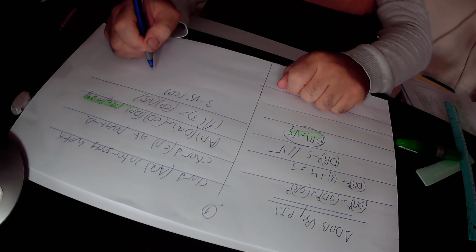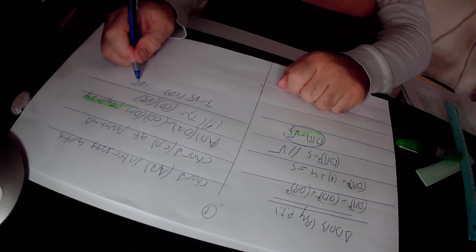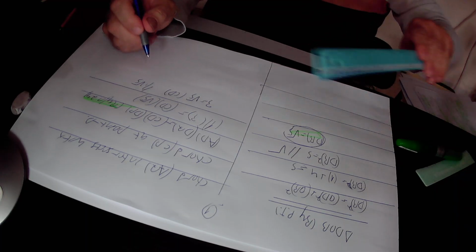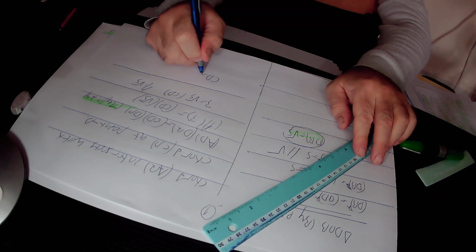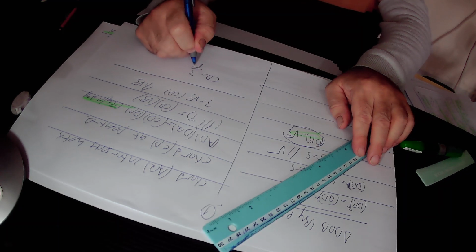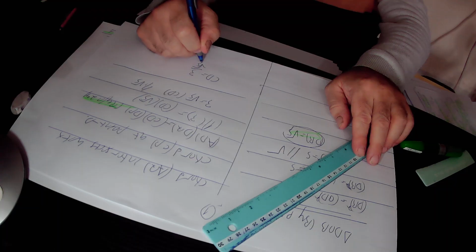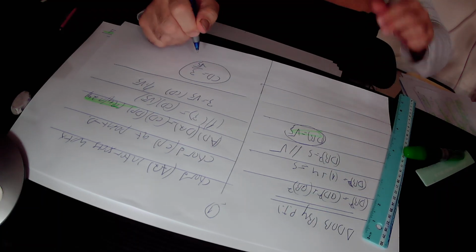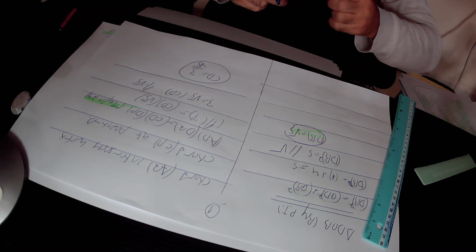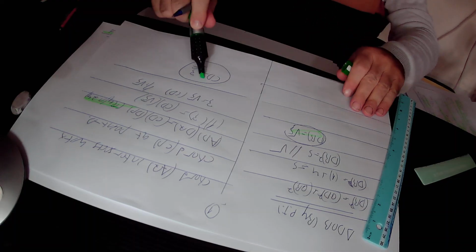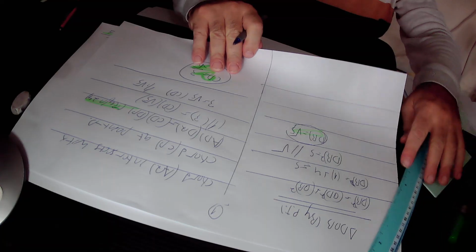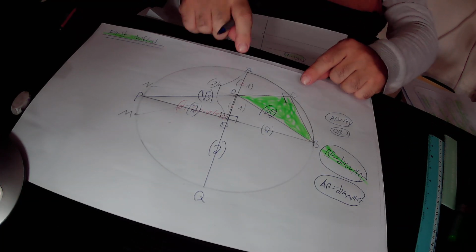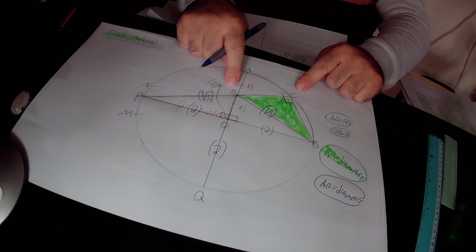Here we divide the equation by the square root of 5, and finally we get that the missing side CD is equal to 3 over the square root of 5 units in length. This is the missing side CD.